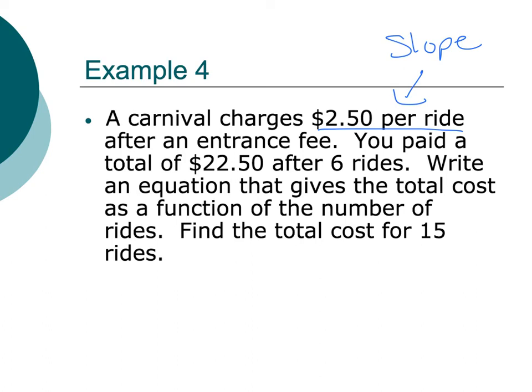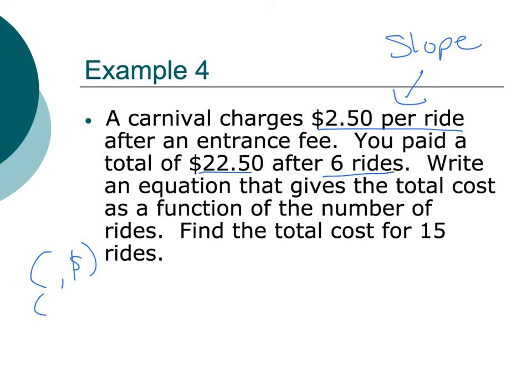You also found a total and 6 rides. That's actually an ordered pair. To kind of help you out, if you have a money amount, your money amount is typically your y value. I'd say about 95% of the time, if you have a money amount, make that y.